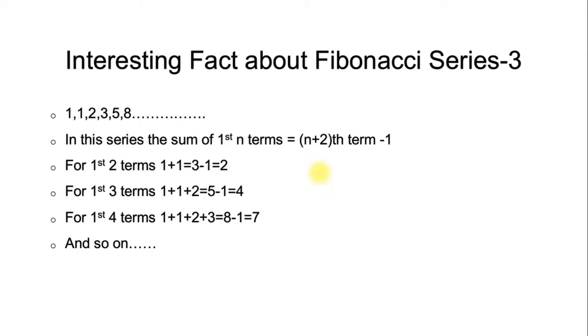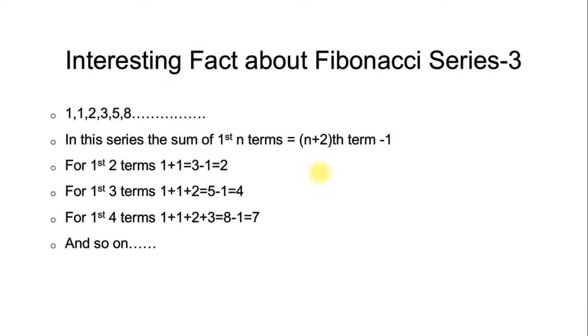This is another interesting property of the series: if we sum n consecutive terms from the start of the series, the sum equals the (n plus 2)th term minus 1.